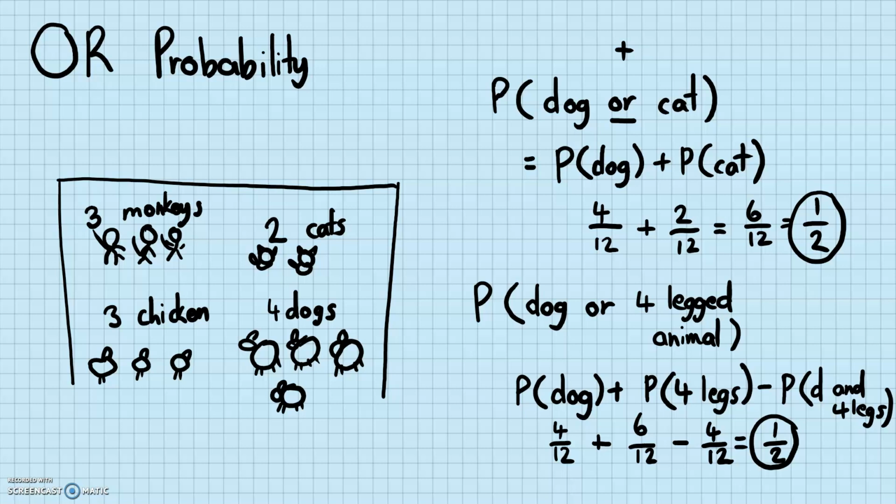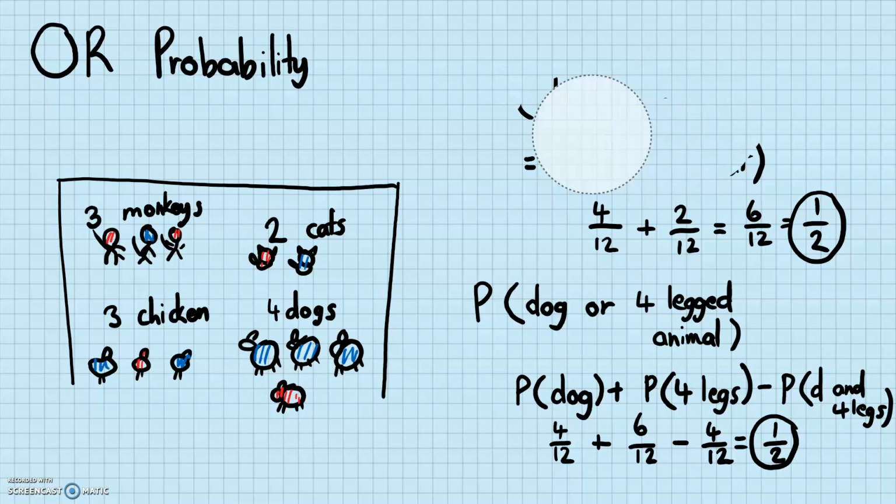Now to spice things up a bit, let's assign colors to these animals here. So we have a couple of red animals and a couple of blue animals. All right.